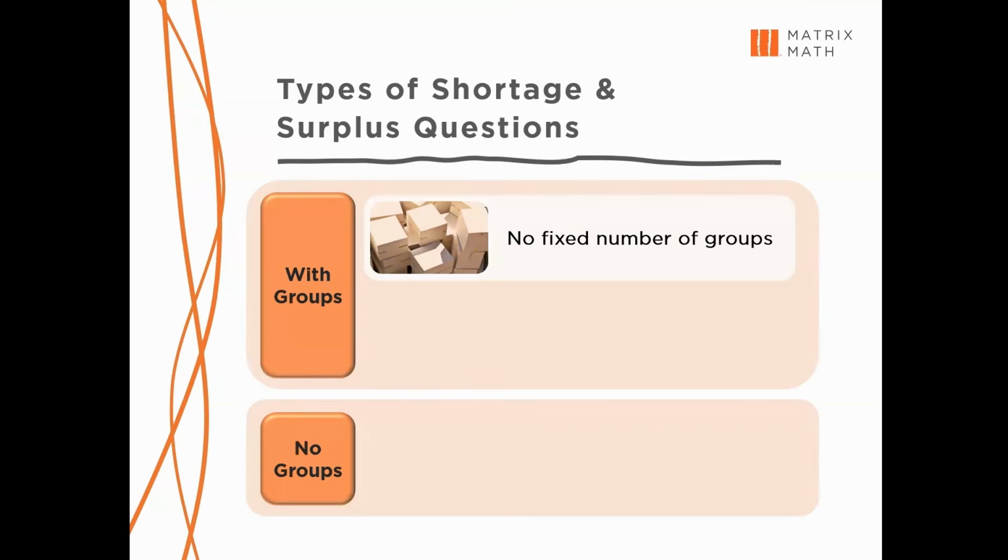When I say with groups, we talk about 2 different types. One is where there's no fixed number of groups, and the other is when you have a fixed number of groups. Later on at the end, I'll talk more about the one with no groups. For now we focus on those with groups.